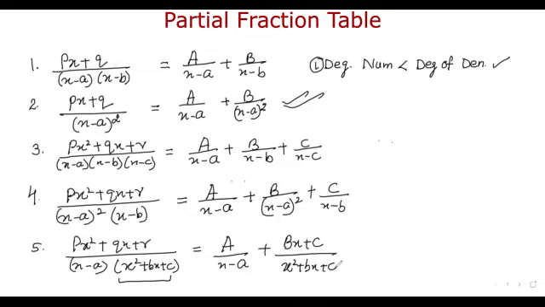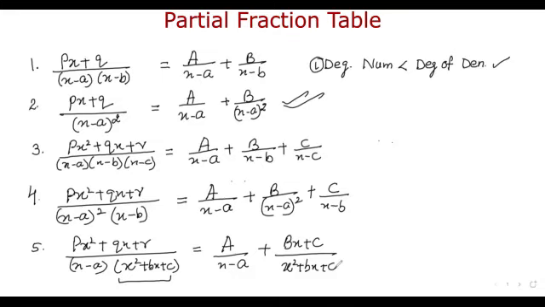So these are different forms of partial fraction. The thing which you must remember before applying the partial fraction is that there should be factors in the denominator. And second thing, when there are factors, degree of numerator should be less than degree of denominator.